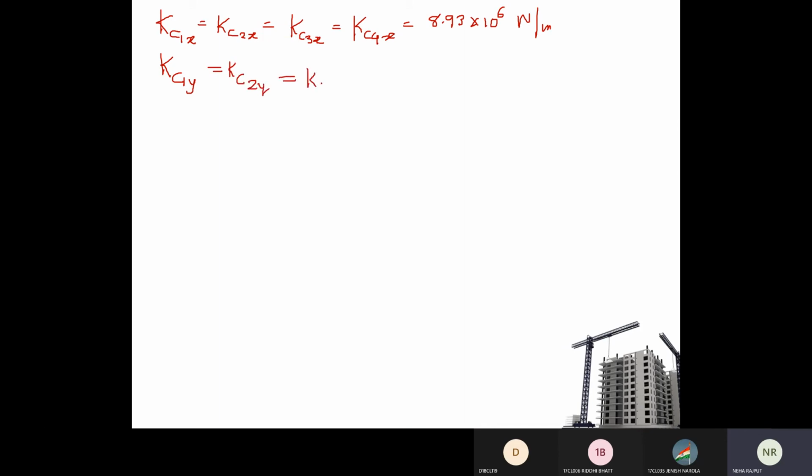So here also you can directly write that the stiffness in y direction will remain the same as 8.93 into 10 raised to 6 Newton per meter. Clear? Yes. But if you have a rectangle section, then you need to perform this exercise again.